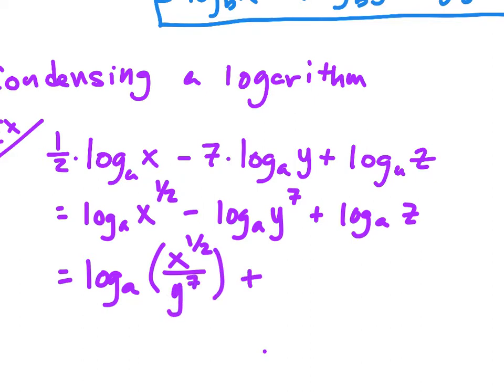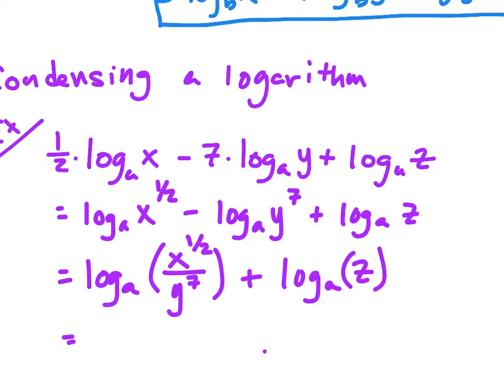And then I'm going to add that to log base a of z. At this point, I want to multiply these. Since I'm adding these logs, I want to multiply what's inside them. And I can put parentheses around this too.